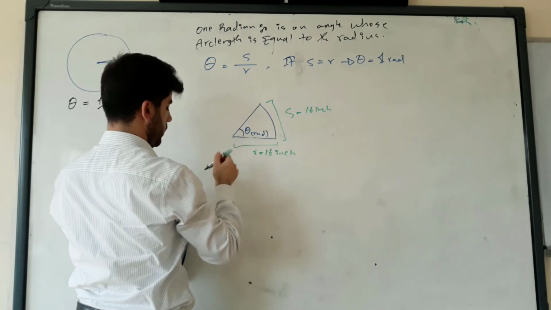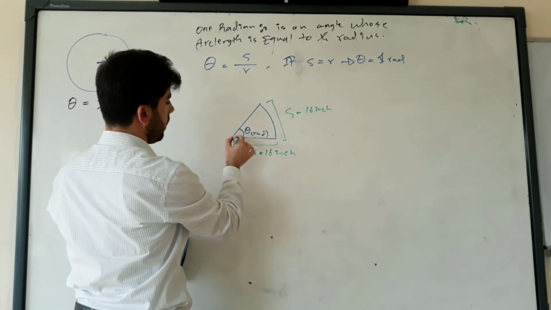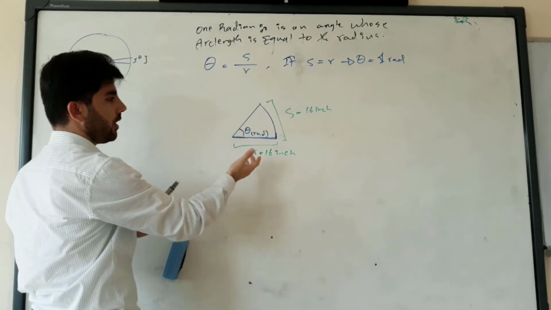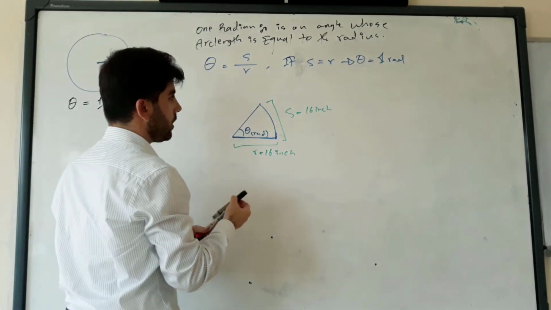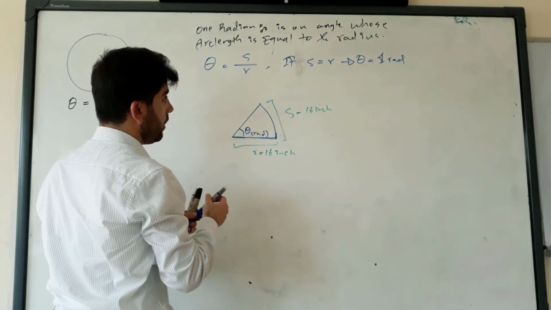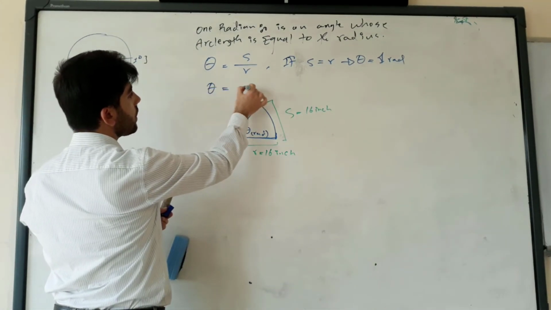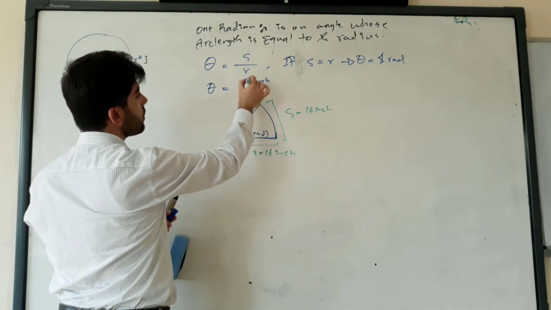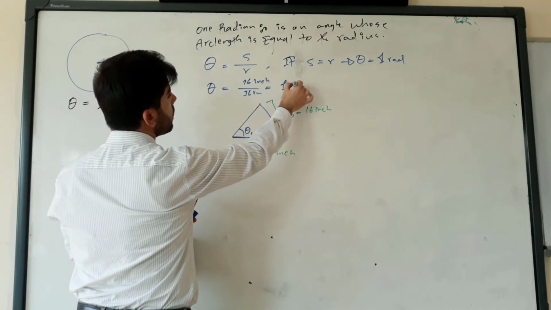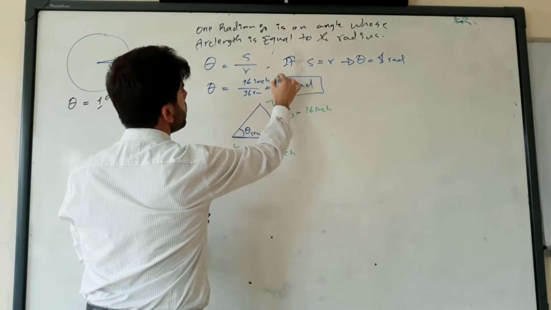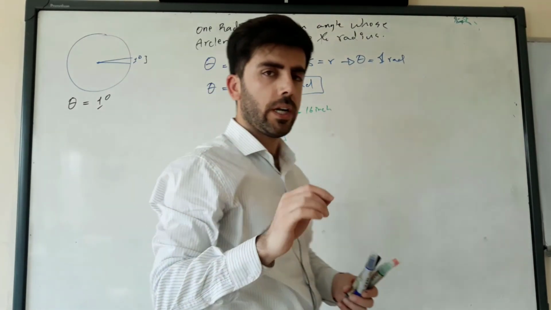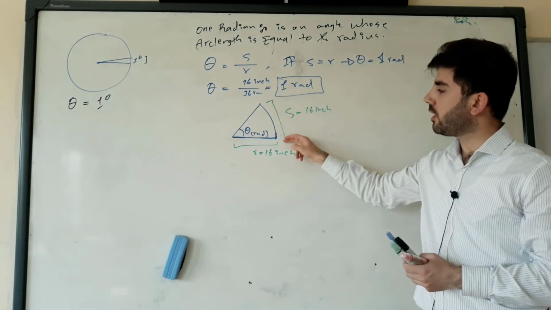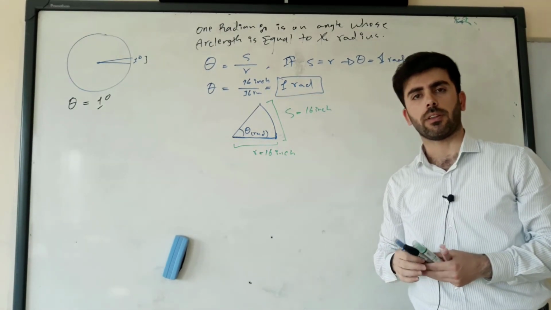You may use a normal ruler that you can measure the length in centimeter, but it doesn't matter actually, the result is same. So here we can say that theta is equal to 16 inch divided by 16 inch, we get 1 radian. So 1 radian is an angle when the arc length becomes equal to the radius of the circular path, okay?